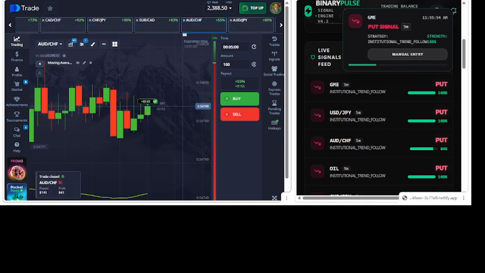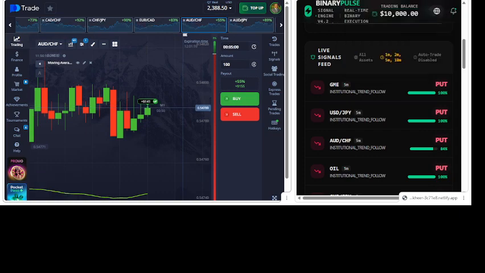Okay, awesome. So that trade was also in the money. The bot ran perfectly. Very excited about this, launching this bot to the public.